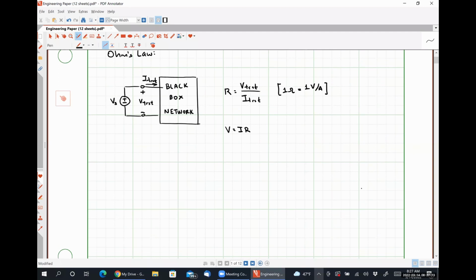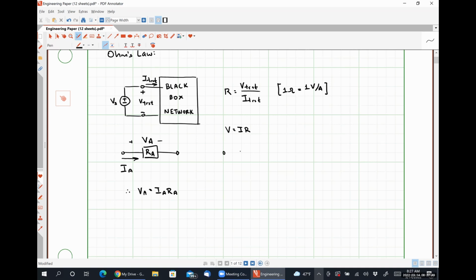So just to be clear, if I have a generic circuit element, which has some resistance, I'm just going to call this R sub A. I have a voltage drop VA across it. I have a current IA flowing into the positive polarity terminal. VA is equal to IA times RA.